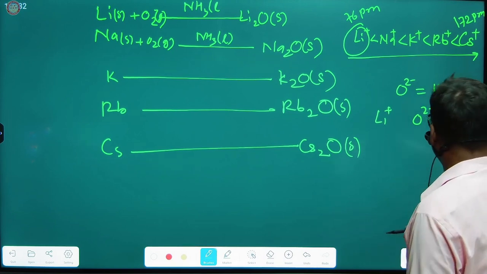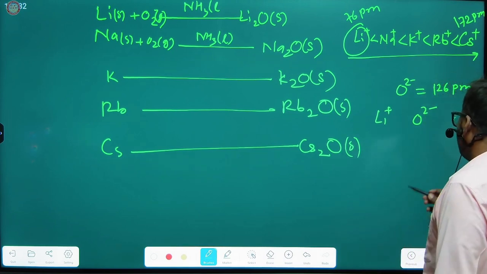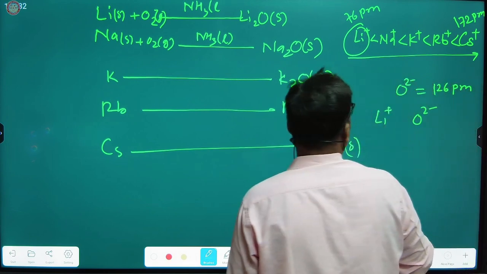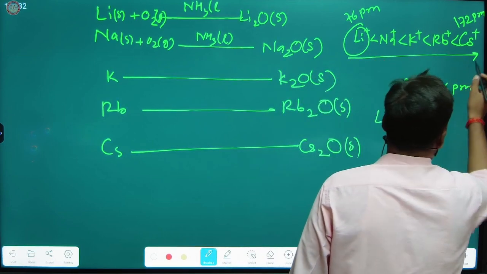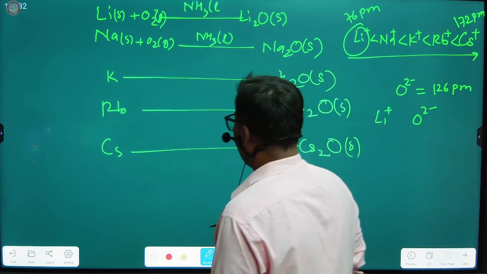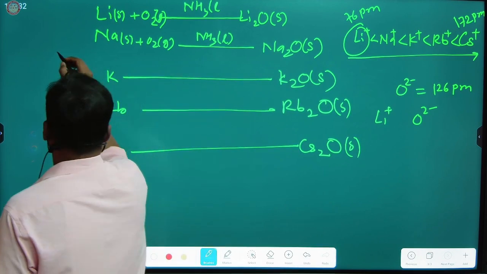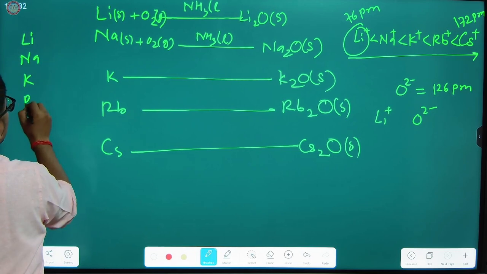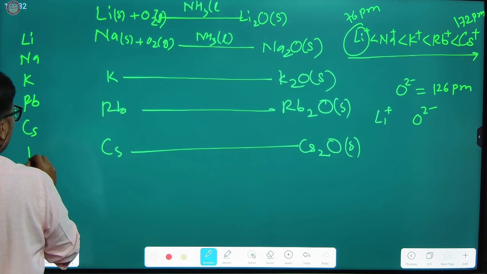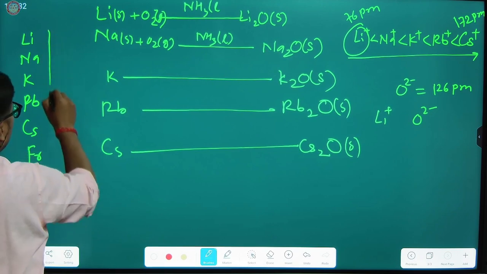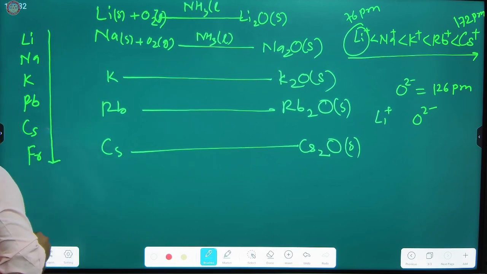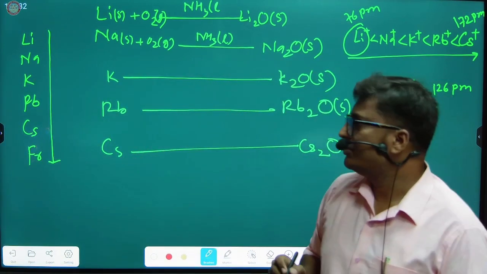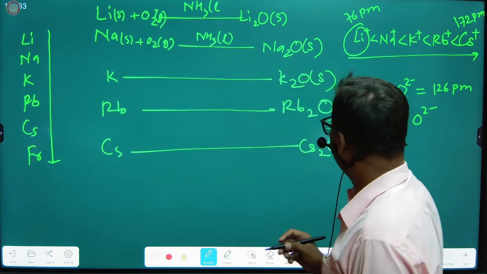Okay, so more negative charge requires more positive metal, because once you move from lithium to sodium, potassium, rubidium, cesium, and francium, electropositive character increases. So all alkali metal cations are electropositive in nature because of presence of +1 oxidation state.